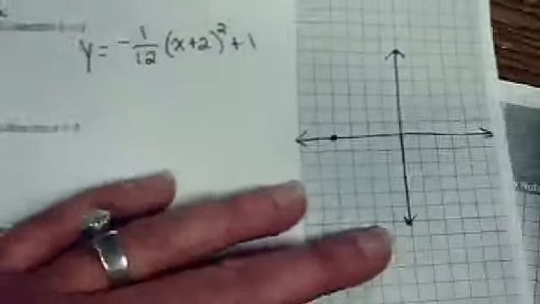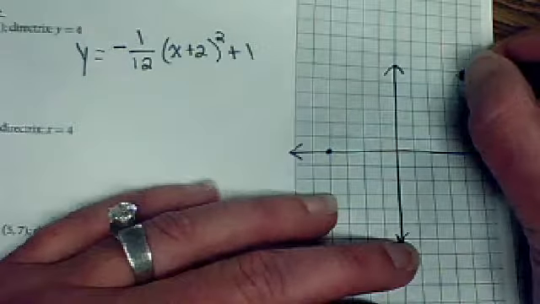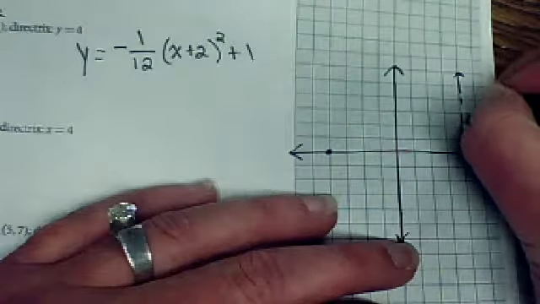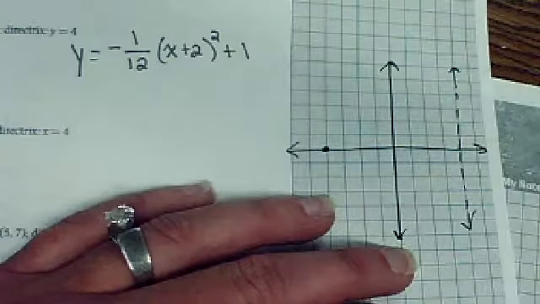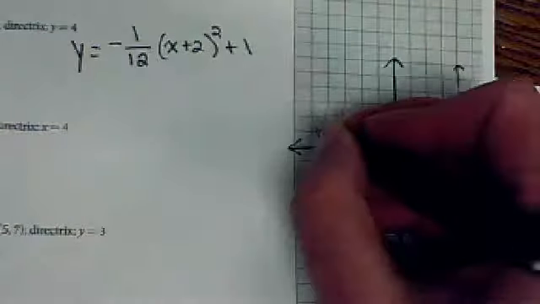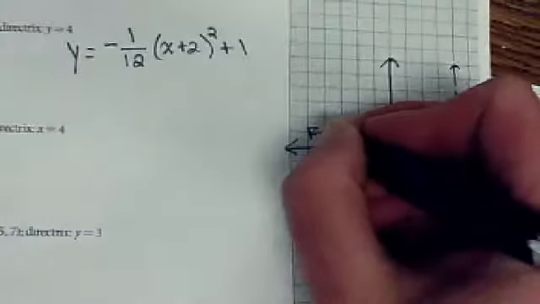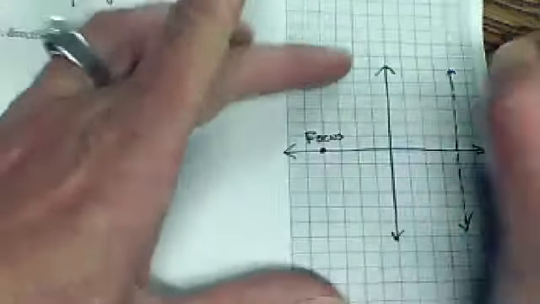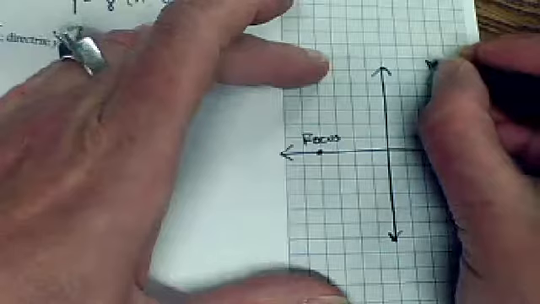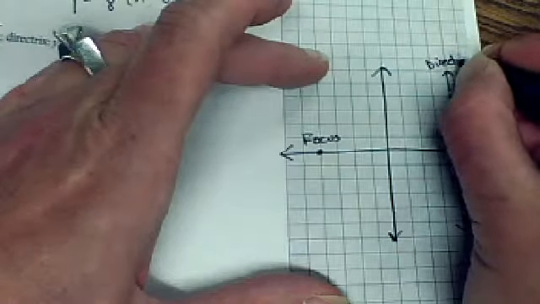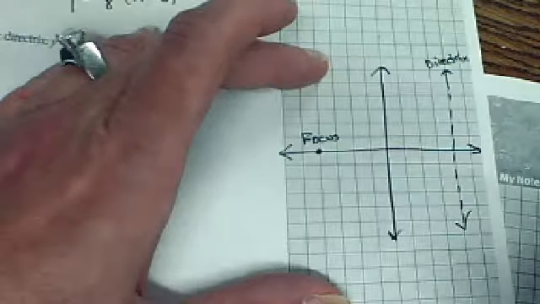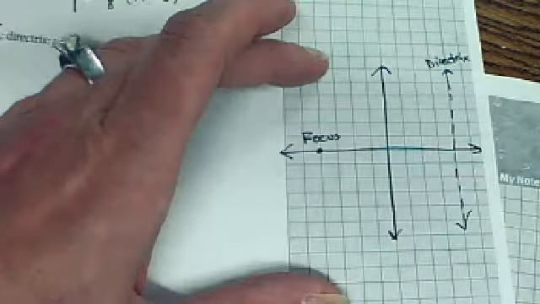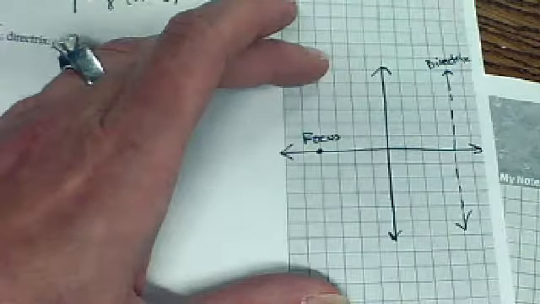x equals, that's a vertical line. So, okay, this is the focus. And this is the directrix. My vertex, every point on the parabola has to be the same distance from each of them.